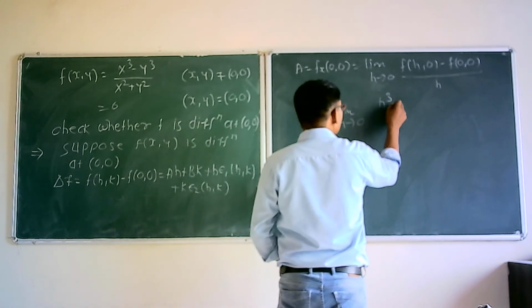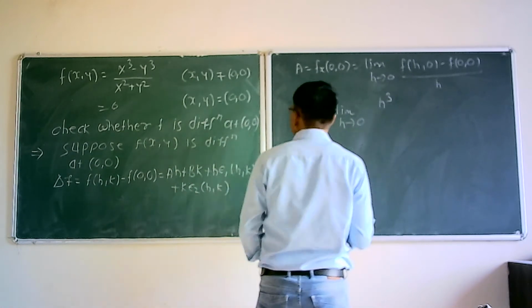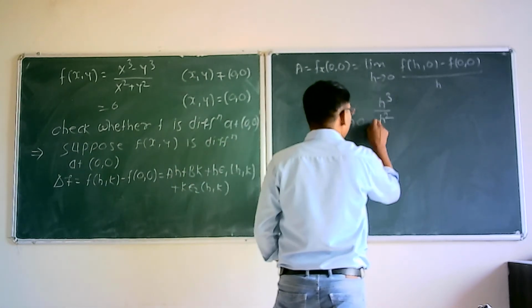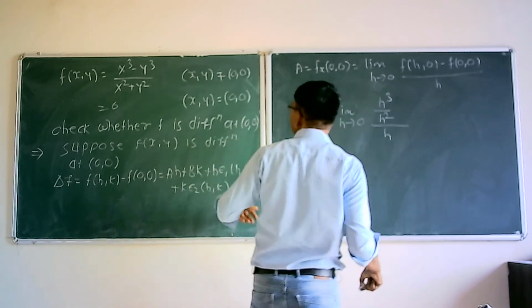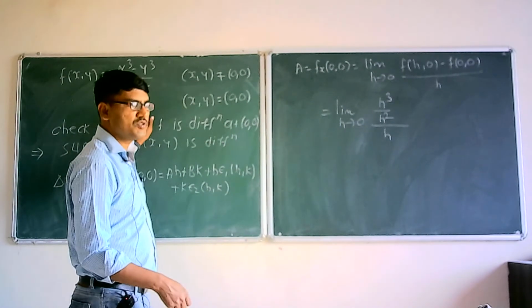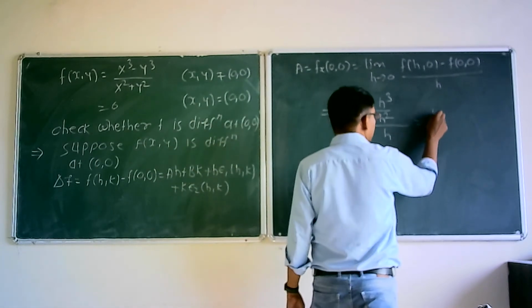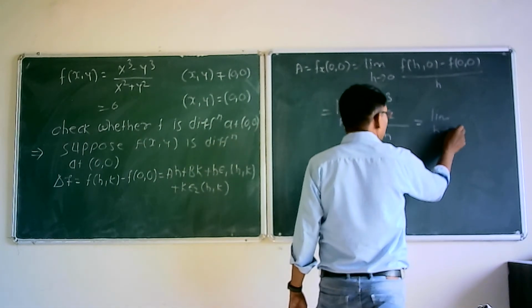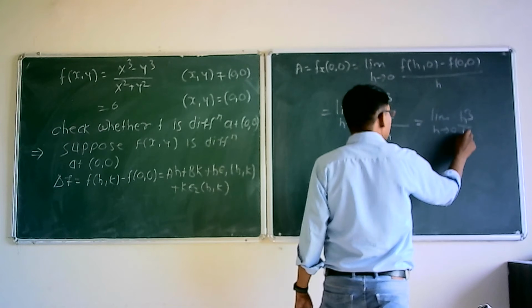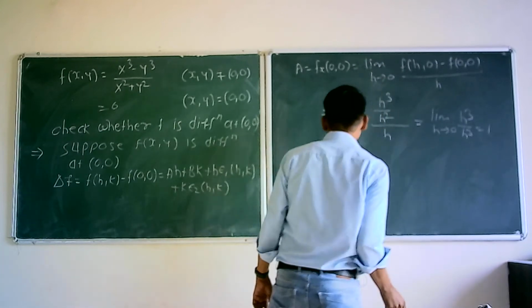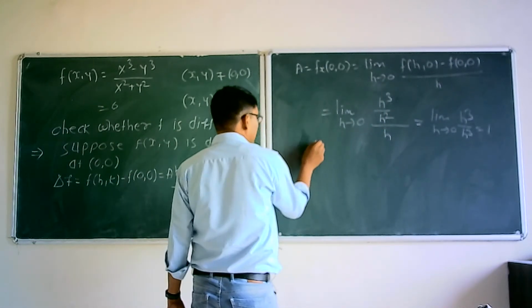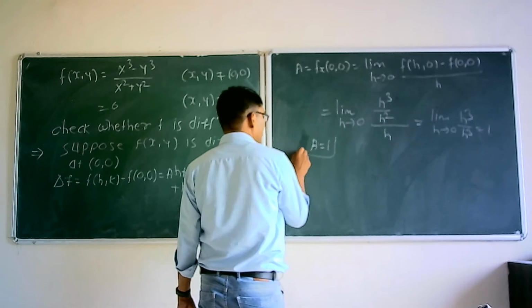It is h cube minus 0 divided by h square, divided by h. F(0,0) is 0. So this is equal to limit h tends to 0, h cube divided by h cube, so it is equal to 1. So f_x(0,0), that is a, is equal to 1.